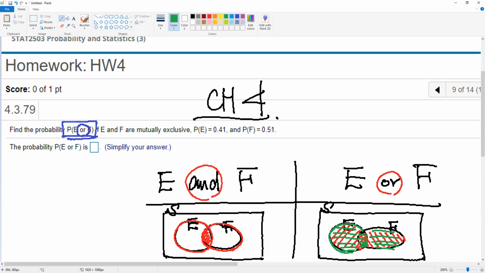So we just combine the 2 events. That is the or. So we have 2 cases.